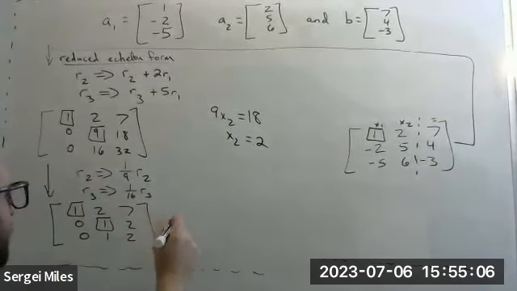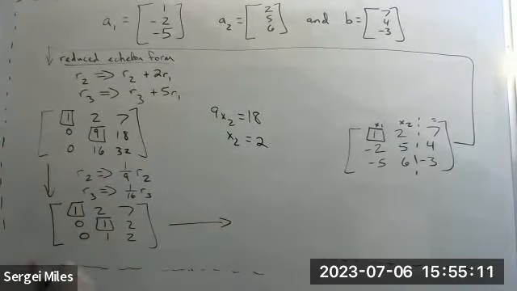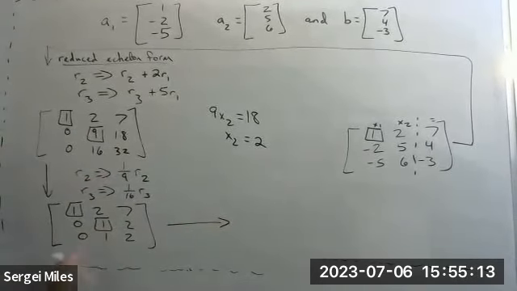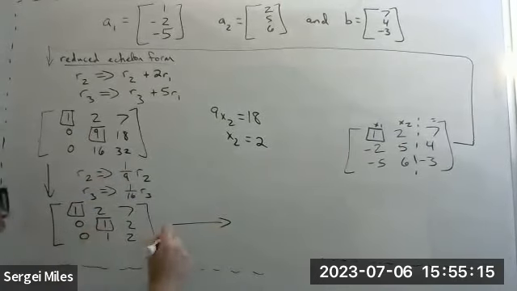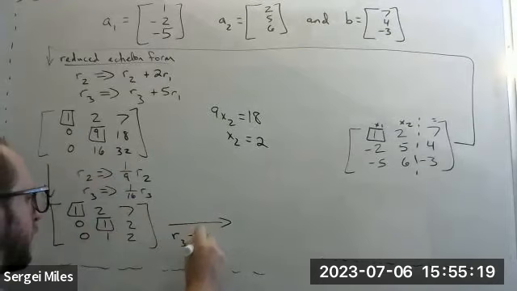I'm going to do 2 more reductions, then we'll be all done. So first of all, I want to get zeros below the pivot for this 1 here. So I need to modify row 3. I'm going to take row 3 and subtract row 2 from it.